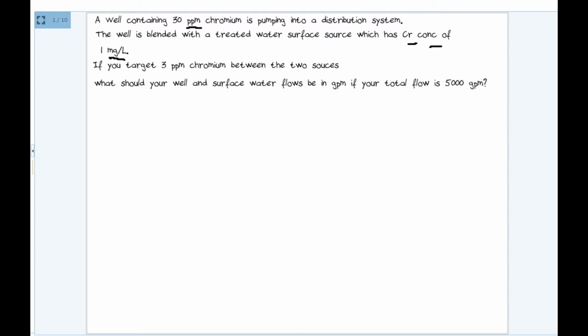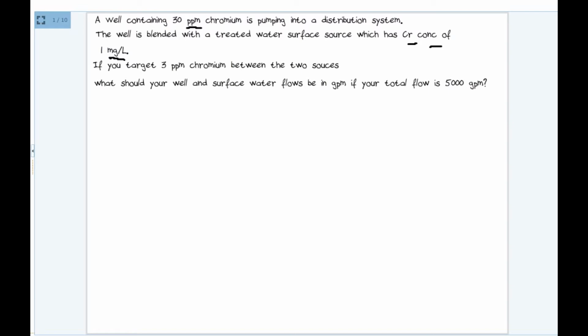So when you recognize two sources with two different concentrations and a targeted or desired outcome for a concentration, that is definitely going to be a blending formula. It's not even necessarily a formula, it's just a process, a procedure in how to set things up.